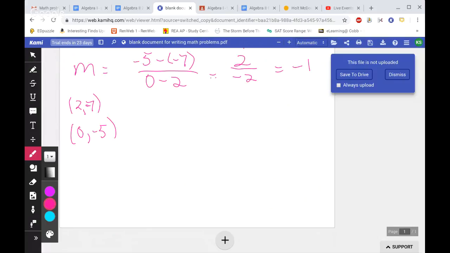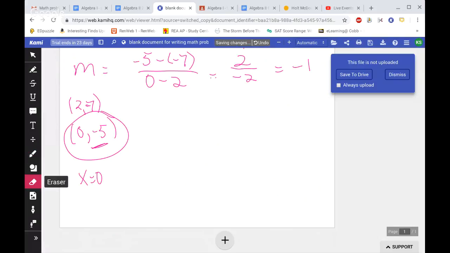It's -5. Good job, Eli. It's this one. Remember the ordered pair that has x as 0 and y with some value. That's your y-intercept. Okay? So when you're looking at points, look for the one that has 0 as the x.